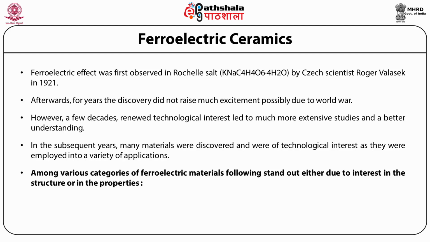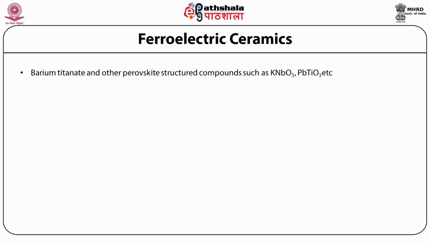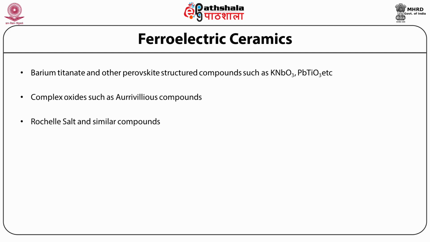The examples are triglycine sulfate and isomorphous materials, potassium dihydrogen phosphate and isomorphous materials, barium titanate and other perovskite structure compounds such as KNbO3, PbTiO3, etc.